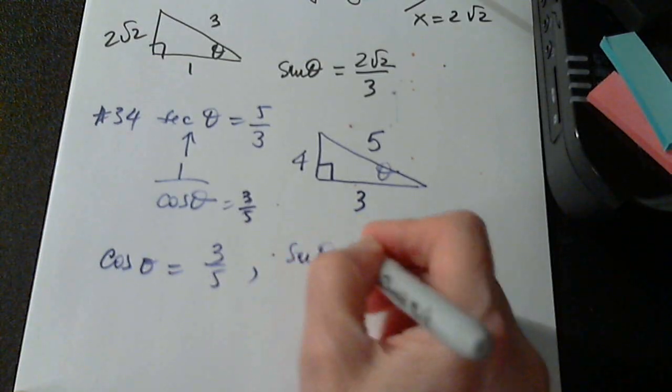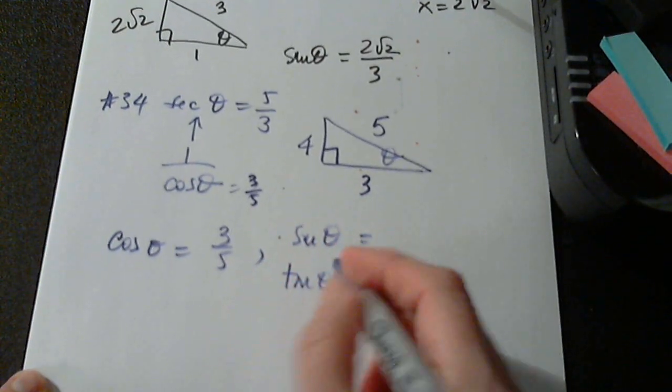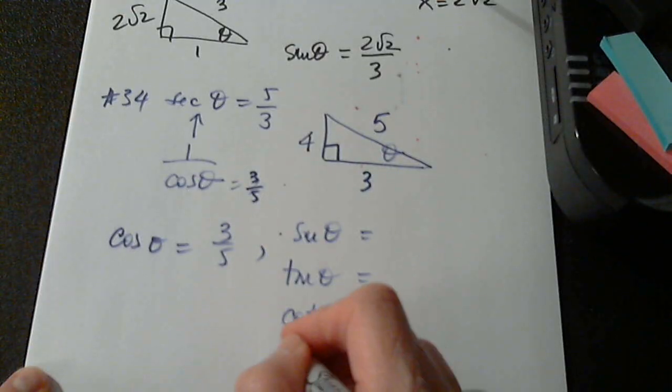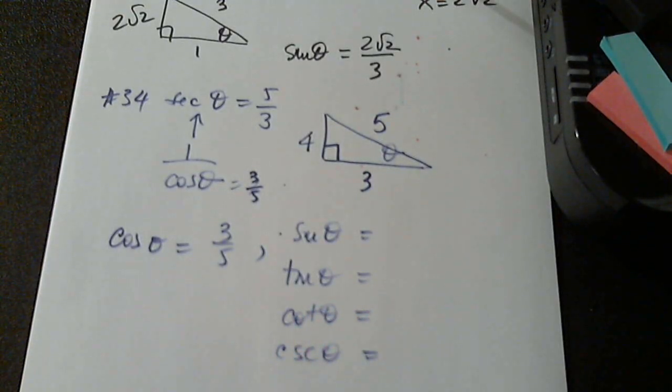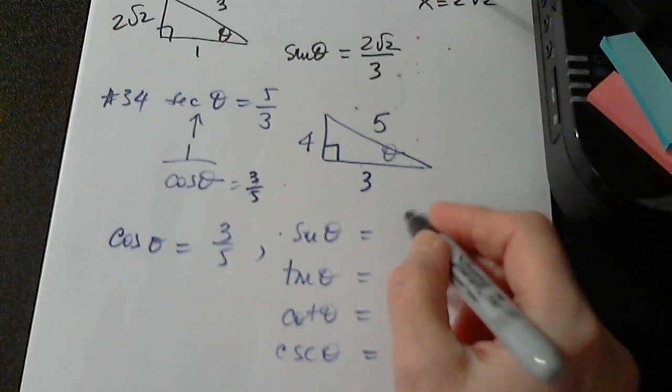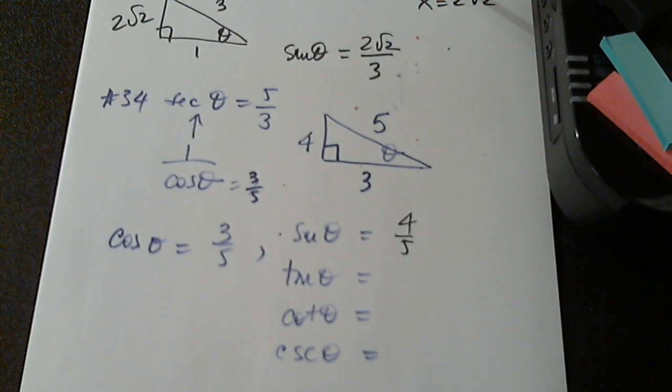We have sine theta, tangent theta, cotangent theta, and cosecant theta. Can anyone give us sine? Four over five. Perfect. Can anyone give us tangent?